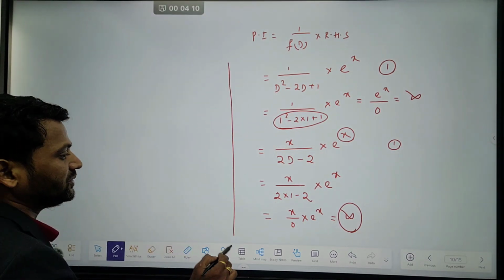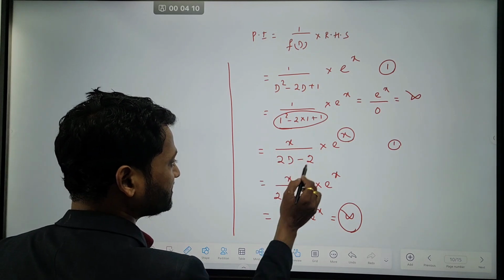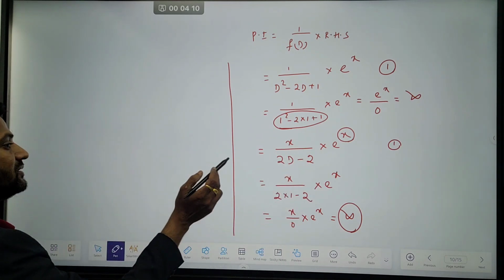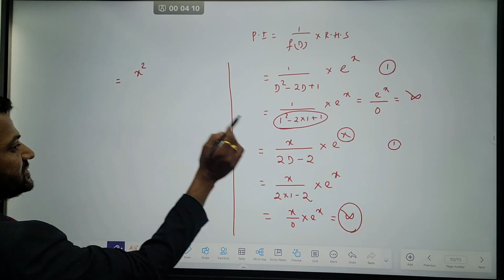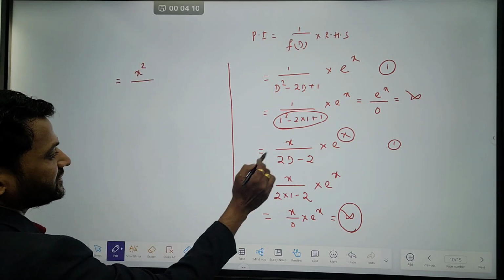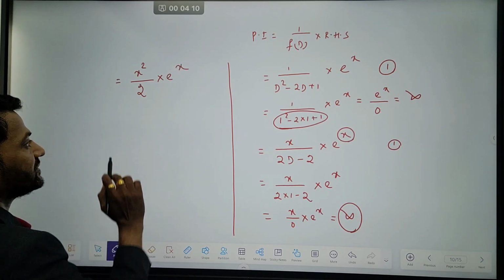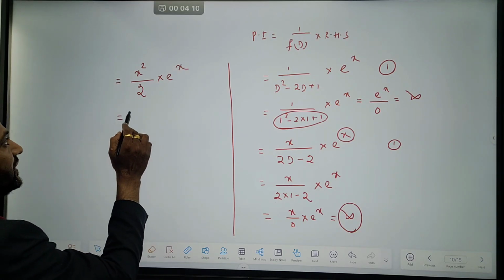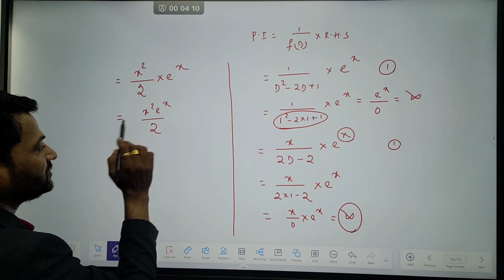So what will you do? Again you multiply x in the numerator and differentiate the denominator part. So your answer is x into x, which is x square, and the differentiation is 2, into e to the power x. Understood? So your final answer is x square e to the power x by 2.